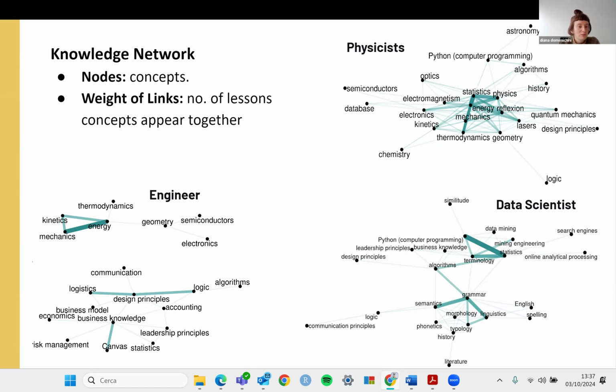It has, for example, centrality metrics for the node, which represent how well connected a node is in the network. And there are different centrality measures that can be helpful for different research questions or design questions.